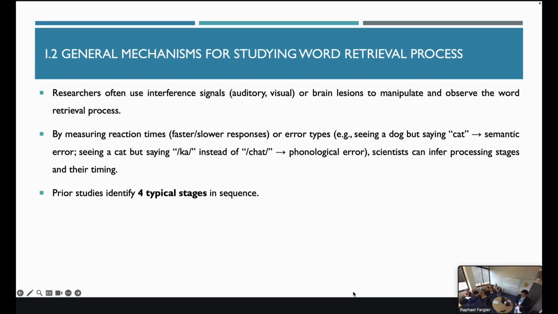To answer the question, they often use a mechanism that uses an interference signal, which can be auditory or visual or brain lesion, to manipulate the process, then observe the word retrieval process. By measuring the reaction time and the error type of the answer, scientists can infer the processing stages and their timing. In prior studies, they identified 4 typical stages in sequence.